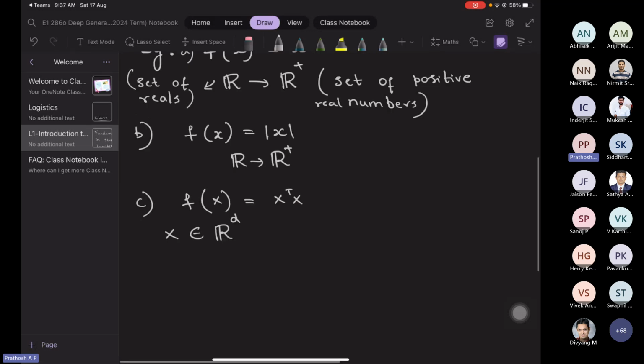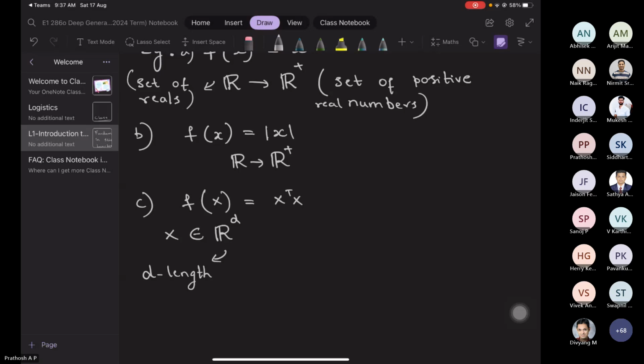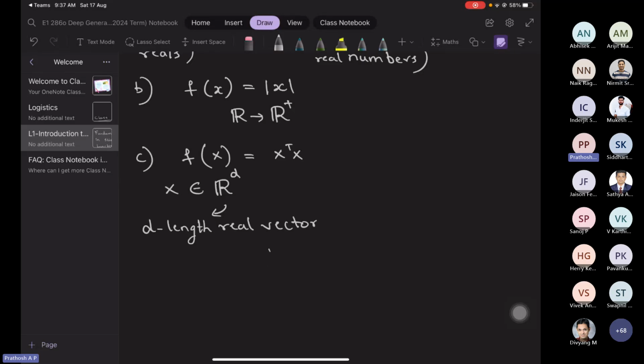So what do I mean by this? This is a d-length real vector. You are all familiar with the Cartesian coordinates, right?